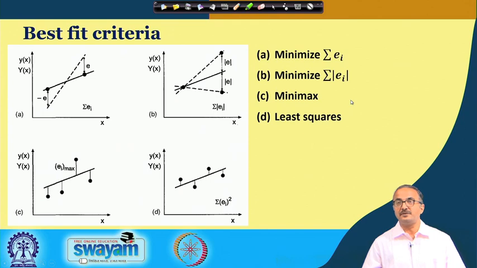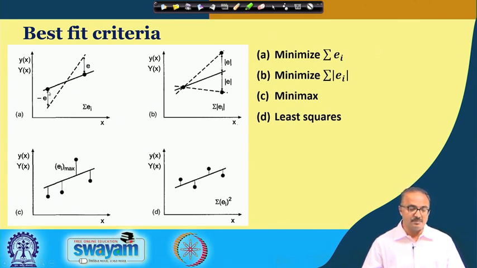So, when we say that we have to regress, what we mean is that we have to find the best fit. Best fit can be defined in various ways. Here in this example, you see that these two points are the actual data points, and suppose through this we are taking this regressed curve, and let us define some error.